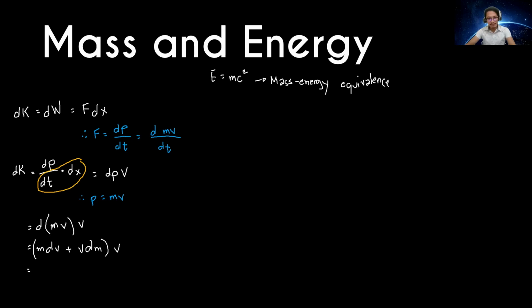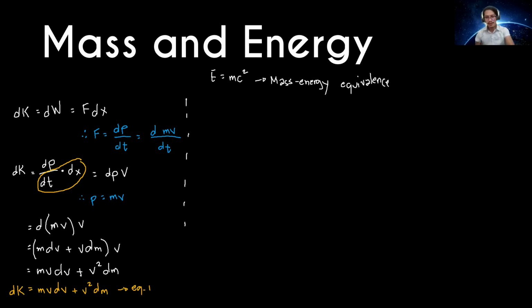So ang mangyayari, this will become mv dv, distribute lang natin si v, plus, distribute natin ulit si v, that will become v squared dm. Okay, so meron na tayong first equation. Tatawagin natin itong first equation. Sulat ko ha, so dK is equal to mv dv plus v squared dm. This is our equation 1.